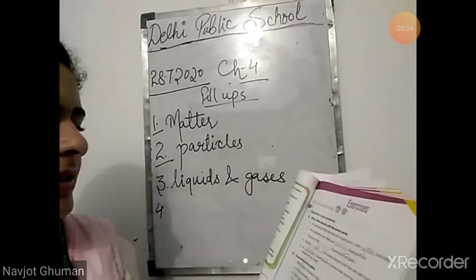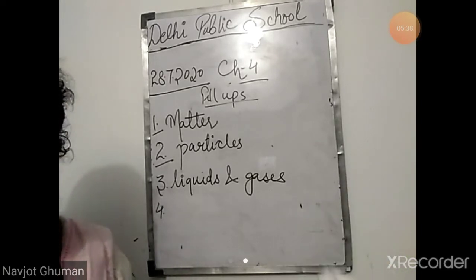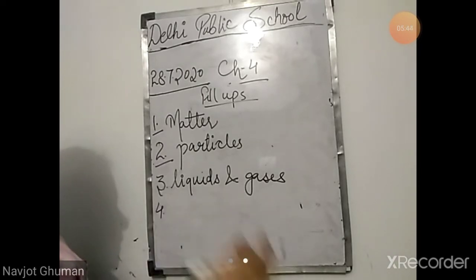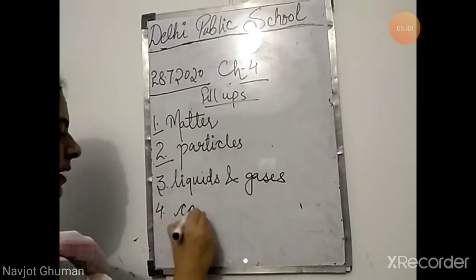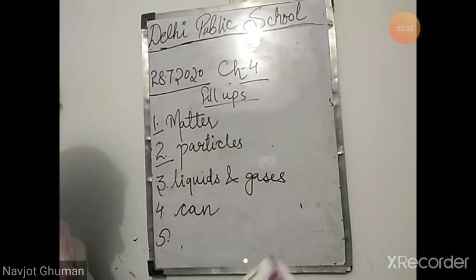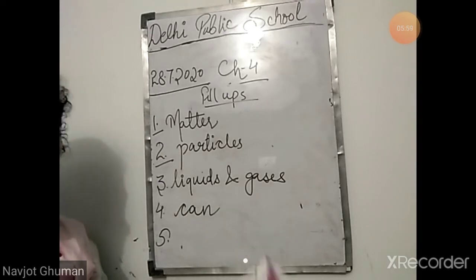Next, matter dash change its form from one state to another. We know that matter solid changes into liquid, liquid changes into gas, gas can change into liquid, and liquid can again change into solids. So answer is can. Matter can change its form. A dash is formed when two or more substances are mixed with each other.